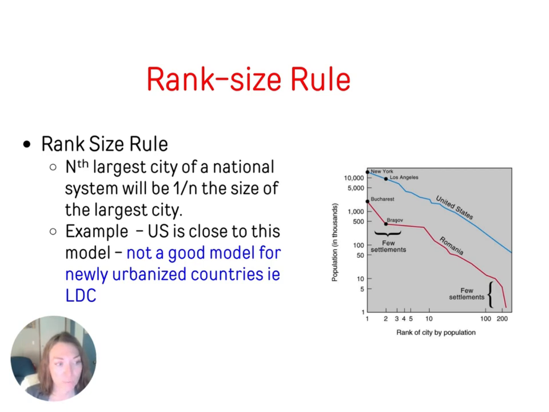Say we put a 2 in place of n. The second largest city of a national system will be half the size of the largest city. Say this is a 4. The fourth largest city of a national system will be 1/4 the size of the largest city. The eighth largest city of a national system will be 1/8 the size of the largest city.